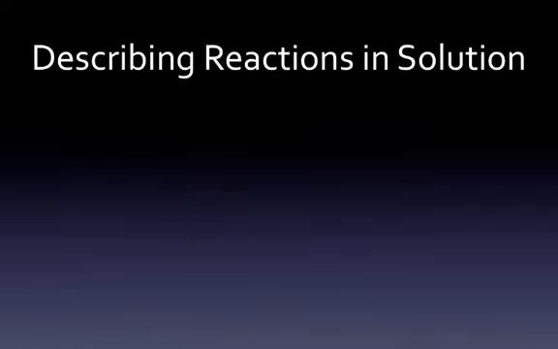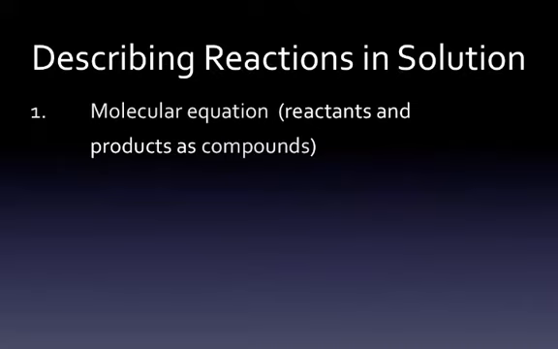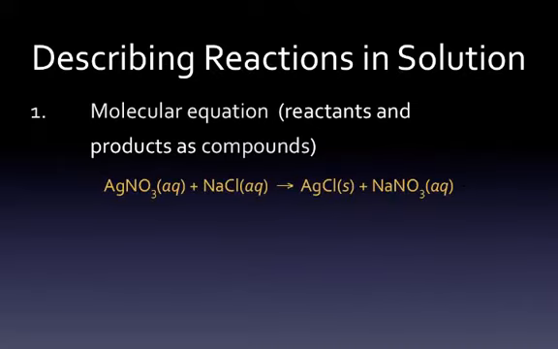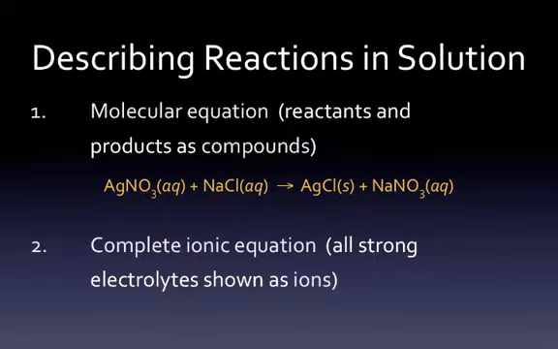Now then, when you guys took Chem 1, you were taught to write an equation like this, right? Well, an equation like this is okay. It's the molecular equation, pretending that everything is molecules, but this isn't actually true. If we wanted to make a reaction seem truthful, then what we could do is we could make a complete ionic equation.